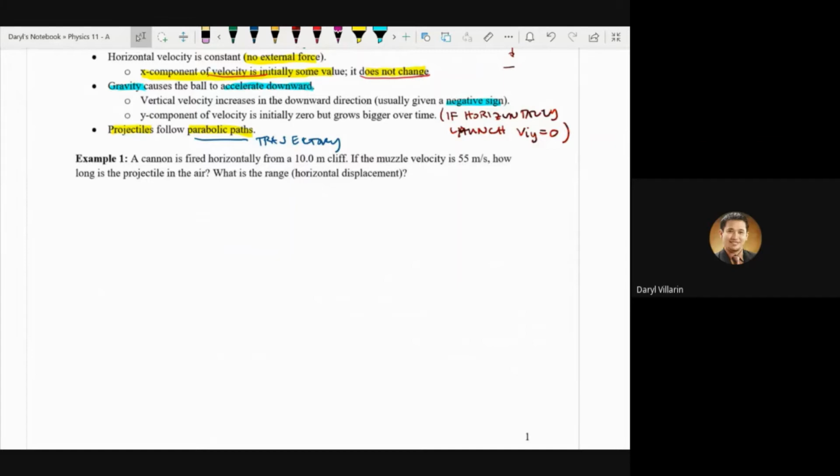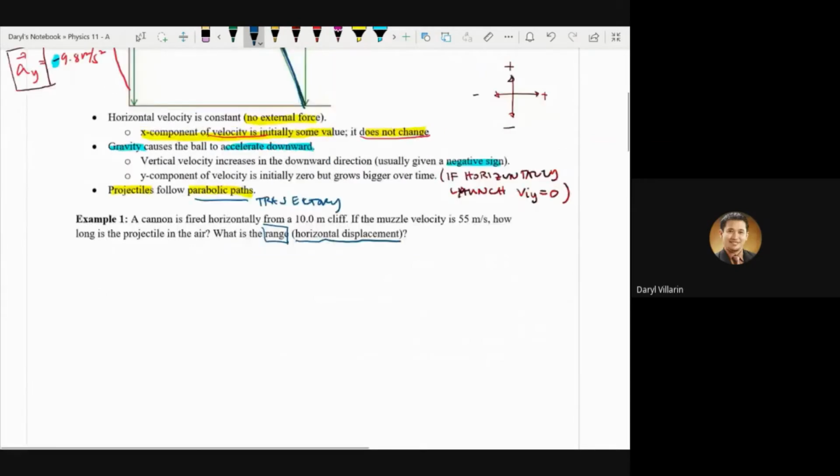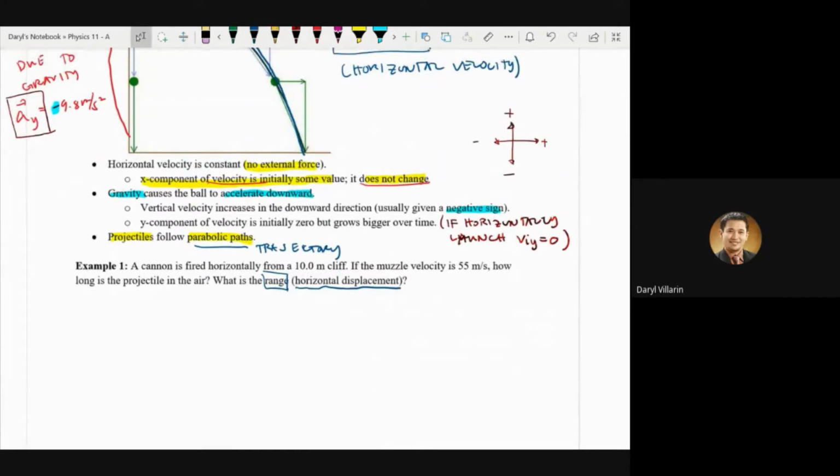When you say range, it's just the horizontal displacement. So you're talking about the x component, so the x displacement here. So that is range. So if you're going to go back to the drawing here, the range is given by this. This is your range. So the horizontal distance it traveled.